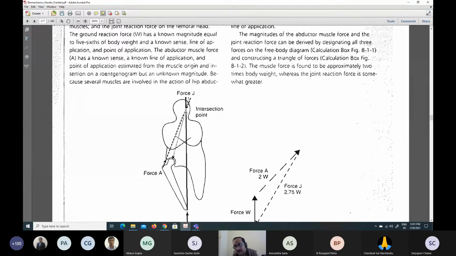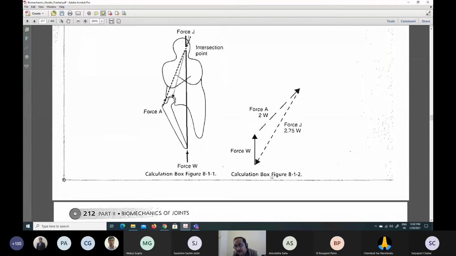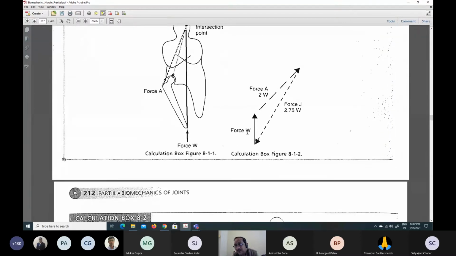For any other motions as well, the abductor muscle always plays a very important role in hip joint biomechanics. The contribution of the abductor muscle and the joint reaction forces are always the maximum in hip joint biomechanics, and that is the reason they have plotted these two in the whole simplified static analysis.